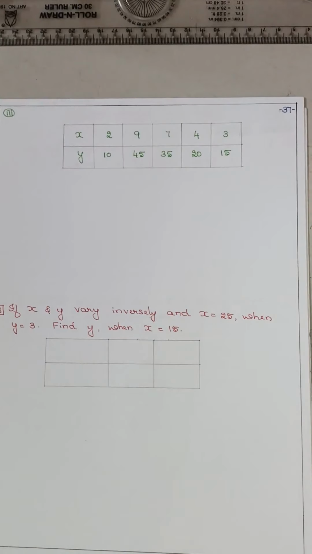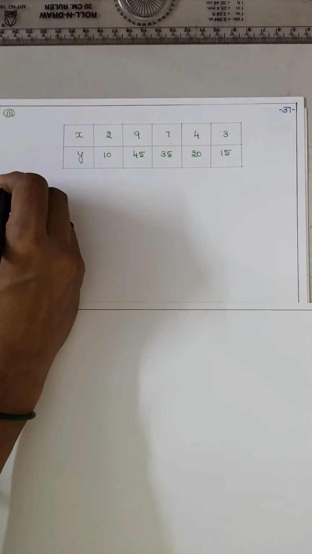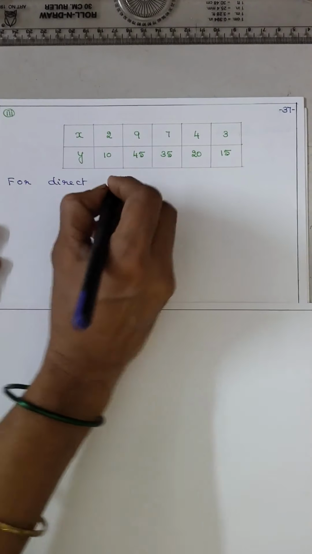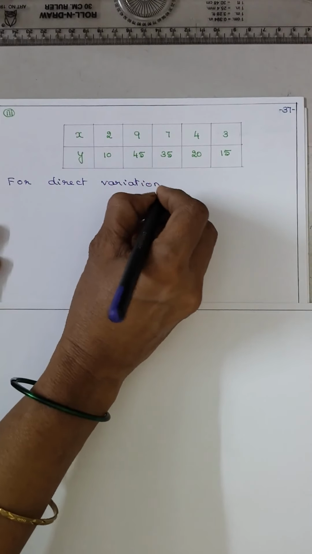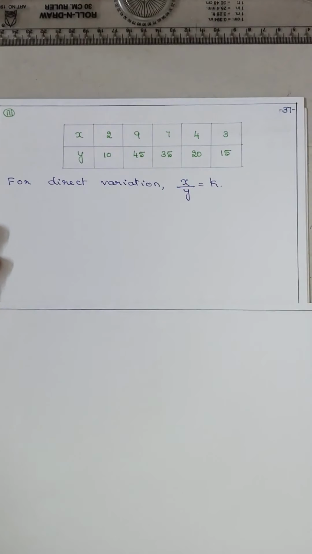Now coming to the third table. Same type. Okay, now it is x, y. First we have to check for direct variation. Formula is x by y is equal to k.